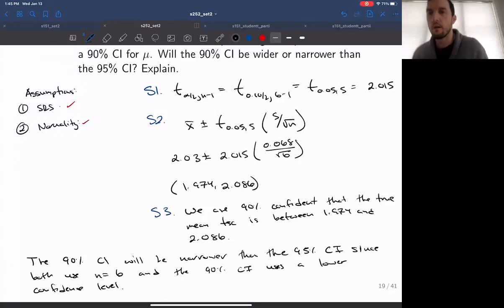Right. So again, if sample size is constant and the other parameter in this case, which would be s, is constant, which they are, a 90% CI will naturally be narrower than the 95% CI because you're multiplying by a smaller t-value. Does anyone have any questions?